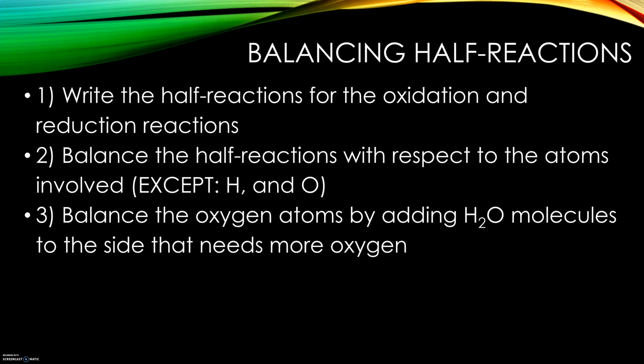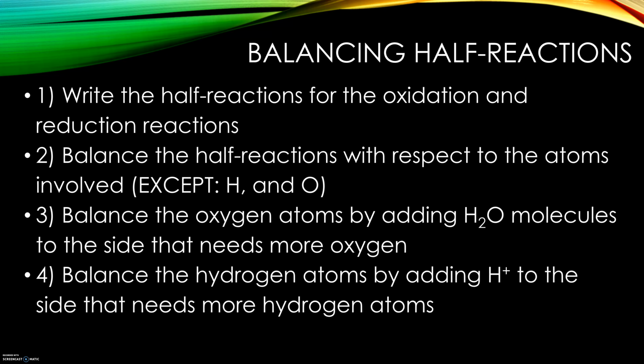Now, when we add that water, obviously there are going to be hydrogens that appear in certain equations that didn't exist earlier. So how do we balance those? We balance those with hydrogen ions, because remember, we're in an acidic solution, which means that we have excess hydrogen ions. So we balance using those. All right? So notice that we have to specifically have that positive charge. So please don't forget that.